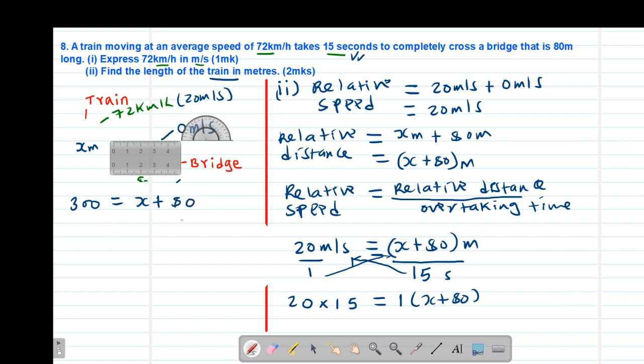So the value of x is 300 minus 80, which is 220 meters. Therefore, that is the length of the train.